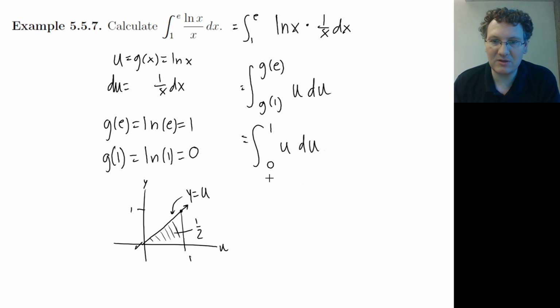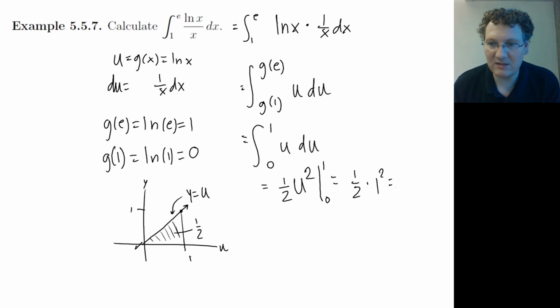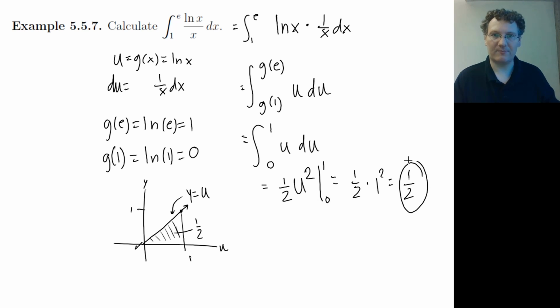But of course, you can do this just by using the power rule. This is going to be u squared over 2 from 0 to 1. This is just going to be 1/2 times 1 squared. It's just 1/2. Minus the 0 on the lower bound, but that's just going to be 0. There you go. Very cool.